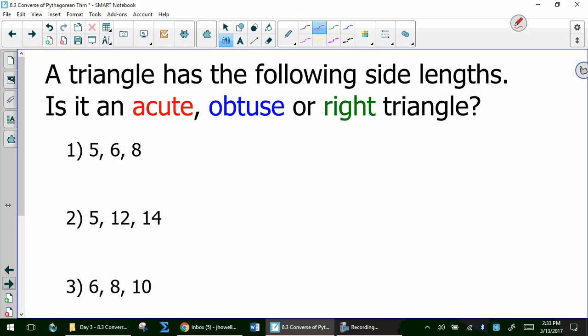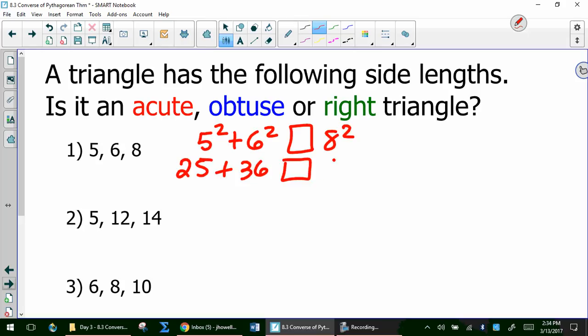So when you're looking at these to determine whether they are acute, obtuse, or right, the longest side is always going to be your C term. So we just have to see what we have. If we have 25 plus 36, what is that? So that's 61. Okay, 64 is greater than 61, so what kind of triangle do we have here?